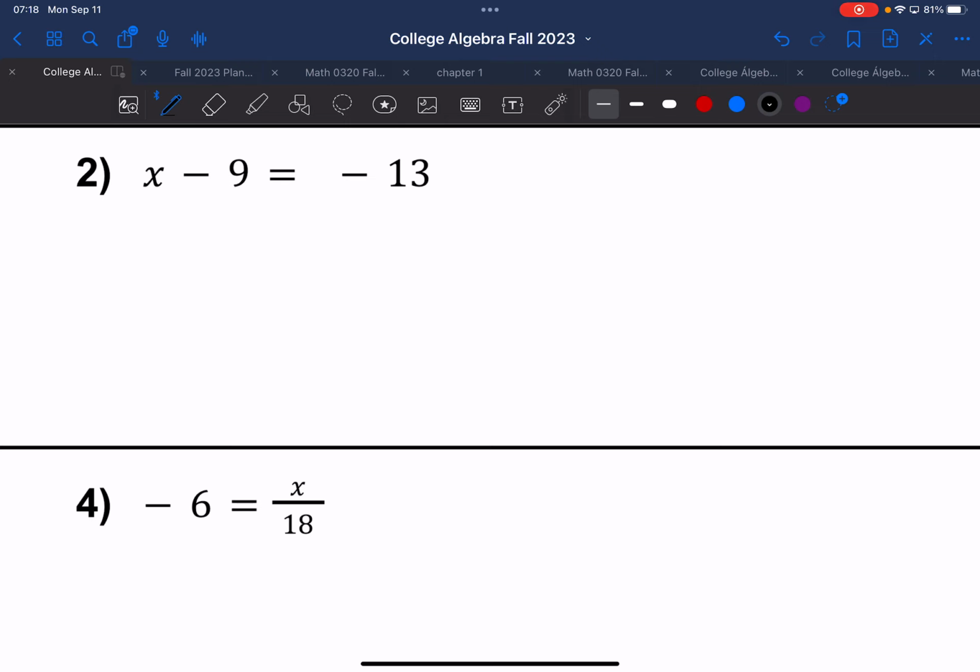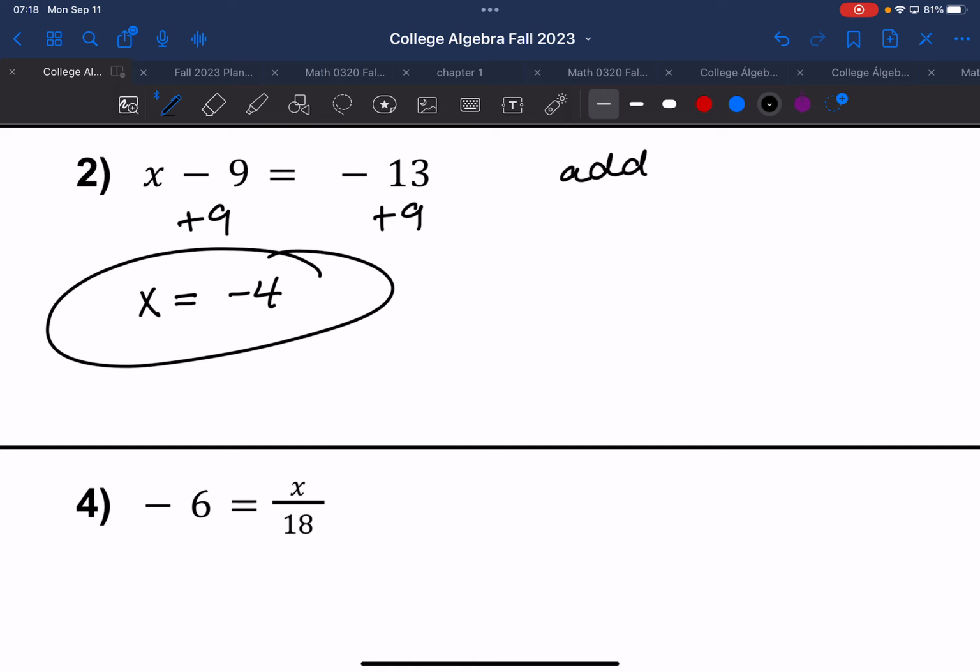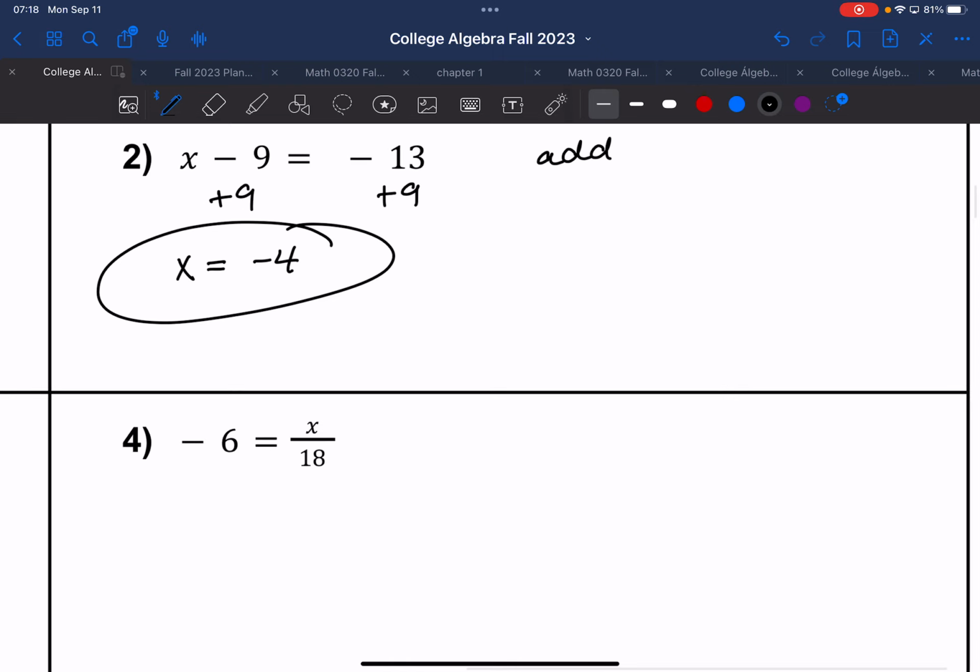What would be the operation to get x by itself on number 2? Add the 9, so it's add. If we add 9 to both sides, we get x is equal to negative 4. For number 4, what's the operation?